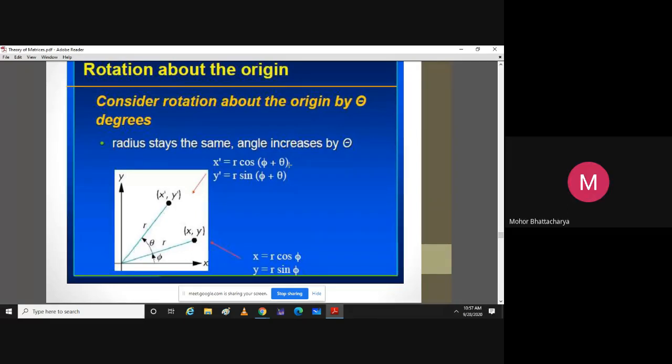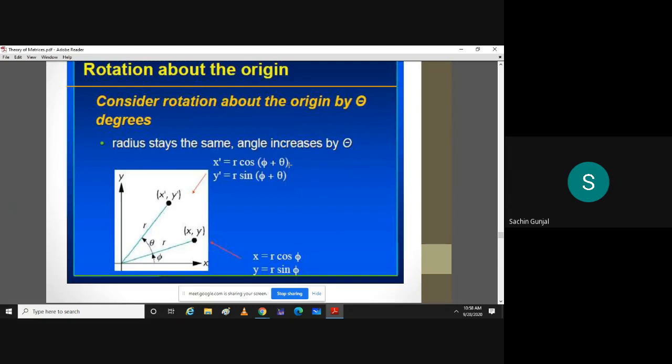Cos A cos B minus sin A sin B. So x dash is equal to r into bracket cos phi cos theta minus sin phi sin theta.